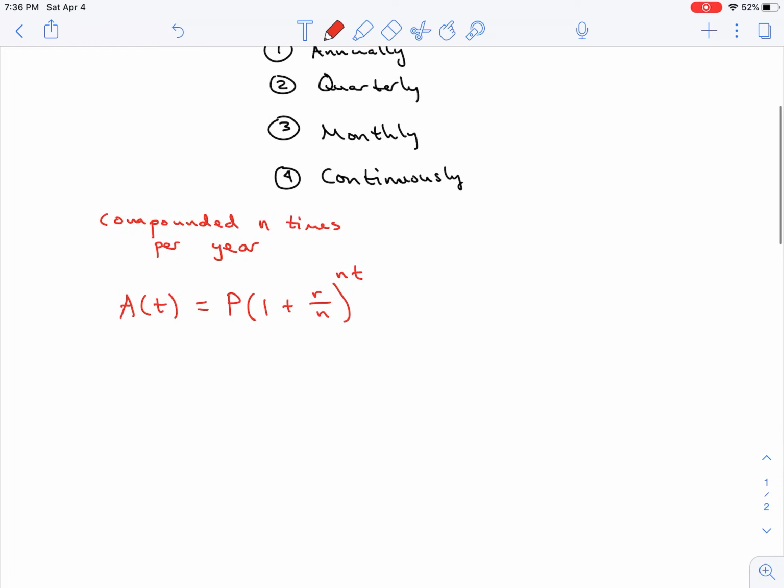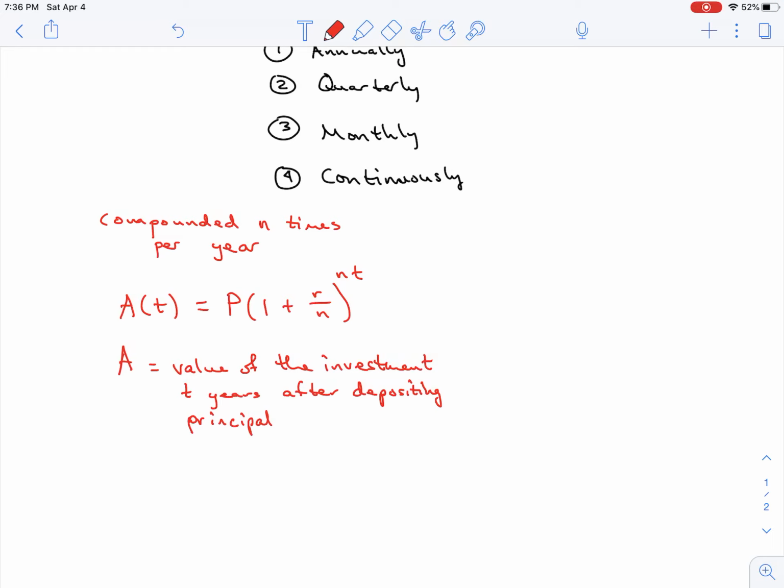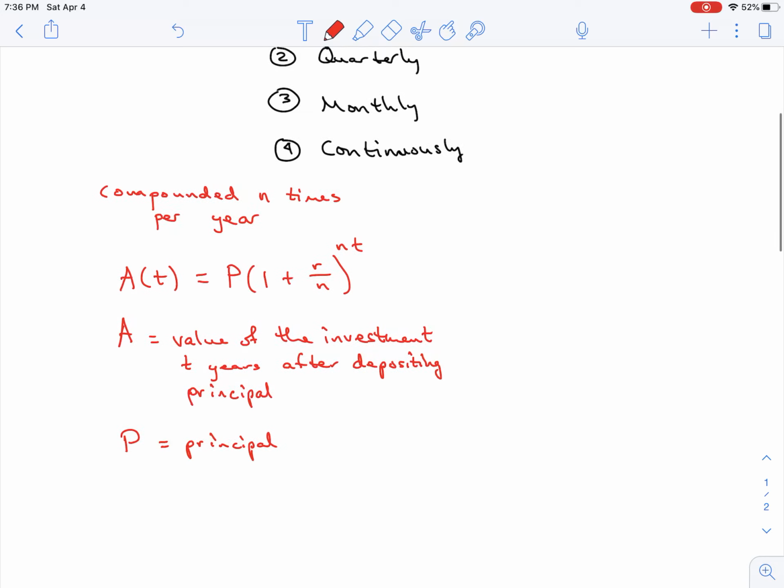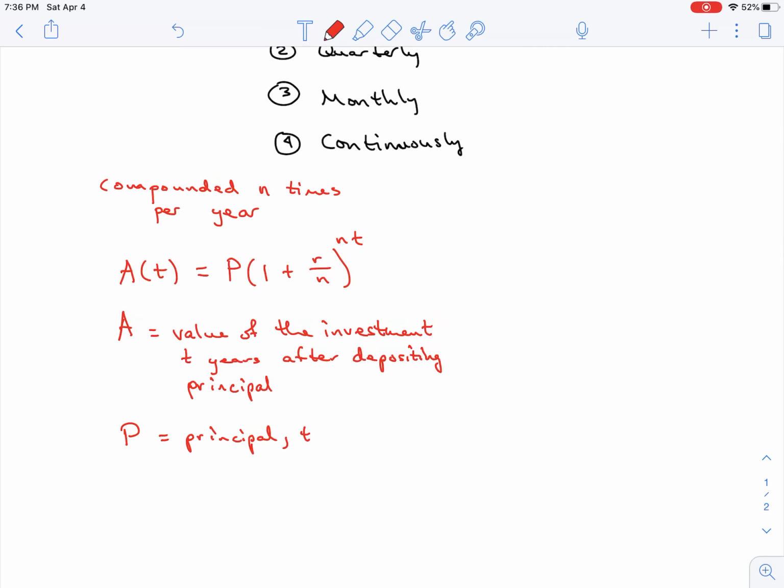And in this model, the A is the value of the investment T years after depositing the principal. P is the principal. So it's the amount of the investment, the initial investment amount.